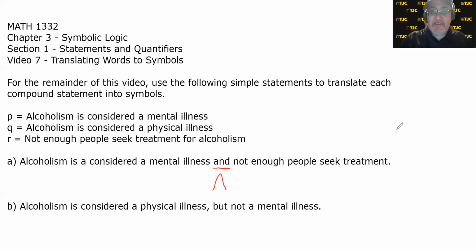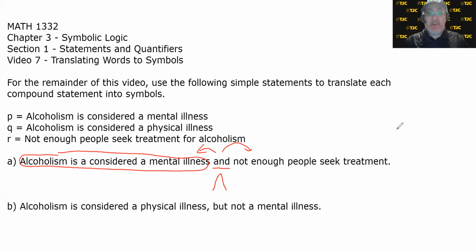Once you find the connective, look to the left, look to the right, and see what you see. On the left side, alcoholism is considered a mental illness. Which simple statement is that? P. On the right side, not enough people seek treatment. Which simple statement is that?